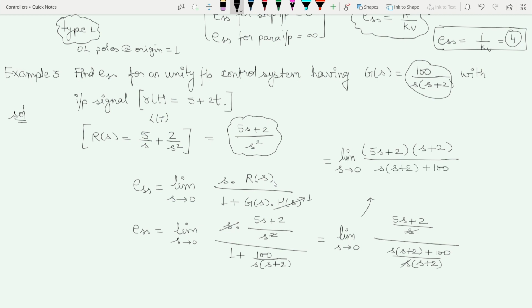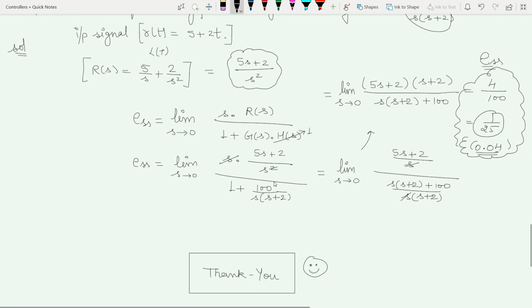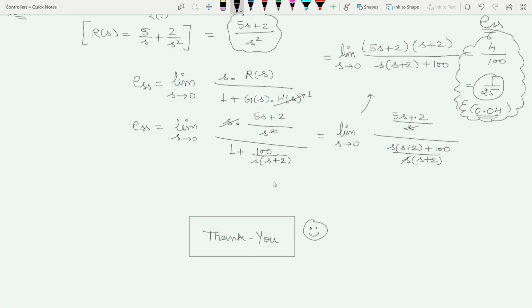Substituting the limit, you will get 2 into 2, which is 4, divided by 100. So it equals 1 divided by 25, which equals 0.04. This is our steady state error for this particular question. Okay, I hope these examples are very clear to you. So thank you, have a good day.